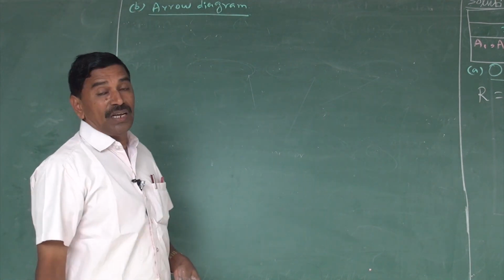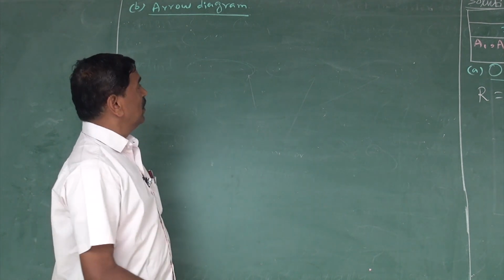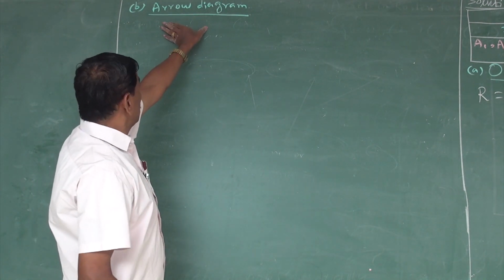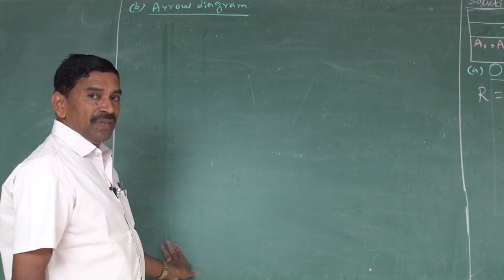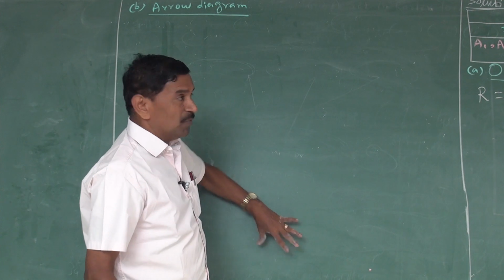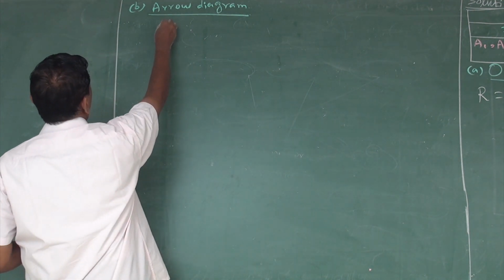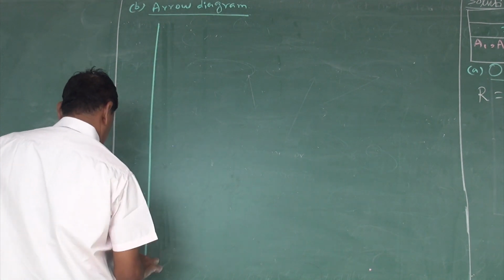Listen, already we know what relation is given in this question. Yes, salary to person. So the first set is salary. What is the second set? Yes, employees. So first set, salary.